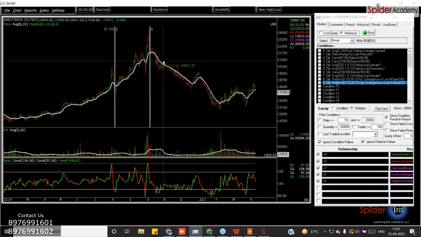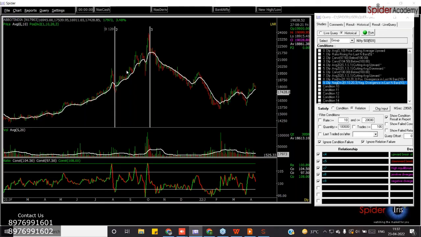Now the second most important thing which this tells us is basically the divergence. As RSI divergence is very well known to most people, I'll just tell you what the divergence is. If the prices are making a new high, but the oscillator is not making a new high, it means that the speed or the way the stock is moving is not confirming the movement.